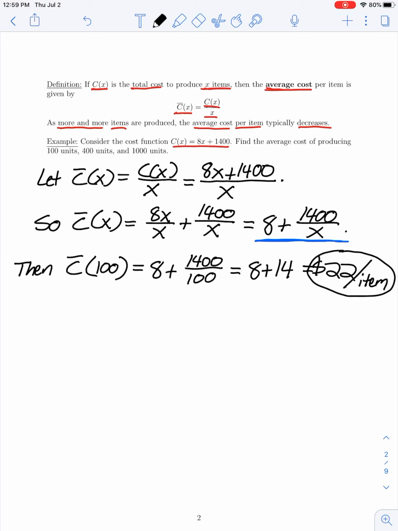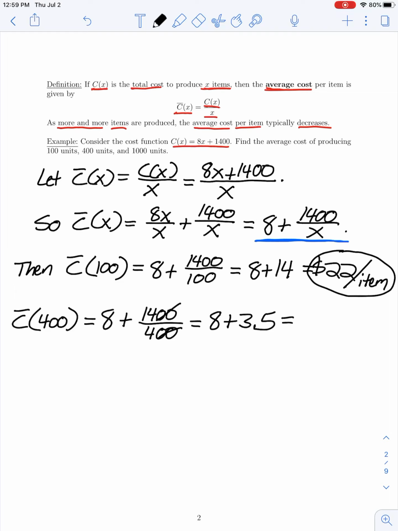So let's see what happens as we increase the number of units produced. If we look at the average cost of producing 400 units, we plug in x equals 400 for our average cost function. And so we'll have 8 plus 1400 divided by our 400, which leaves us with 8 plus, 1400 divided by 400 is the same as 14 over 4, or 7 halves, which is 3.5.